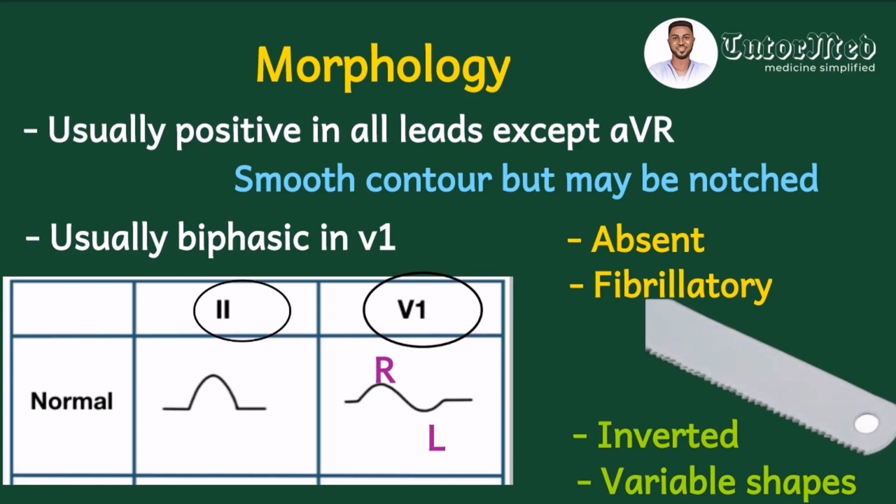And so you have varying P wave morphologies. This may be found in multifocal atrial tachycardia, meaning the rhythm is coming from different foci in the atrium. We will see all these things again when discussing arrhythmias, but just be aware of some of these abnormal P wave morphologies.